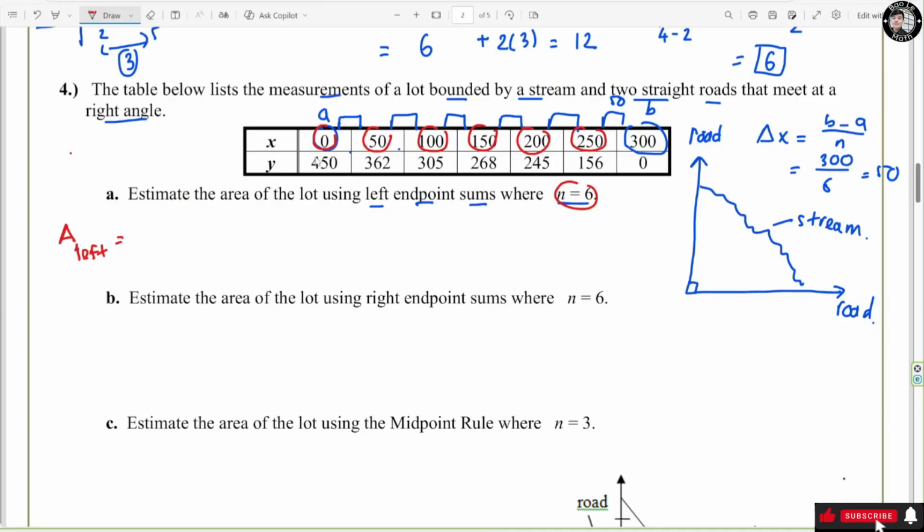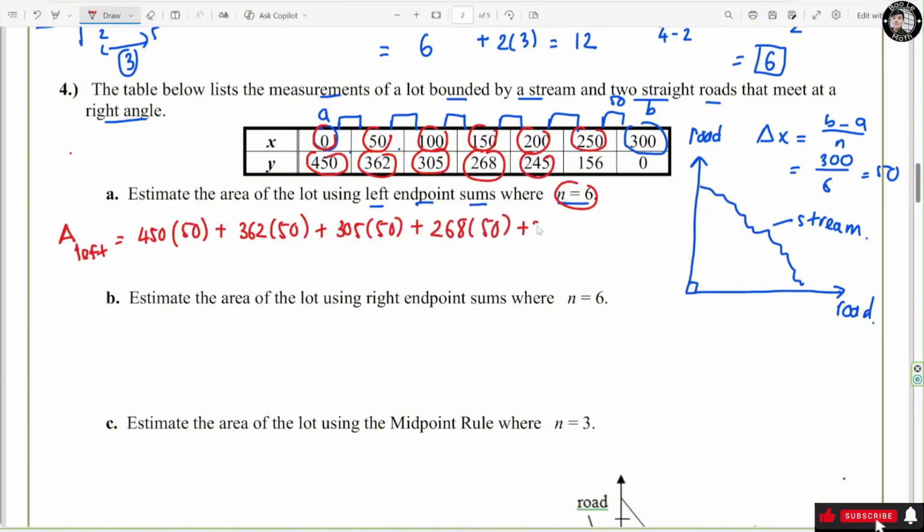So we have the height is 450 right here, times the width is going to be 50, right? Plus the second height right here, 362 times 50. The width doesn't change, right? Next one, plus 305 times 50, plus 268 times 50, right?